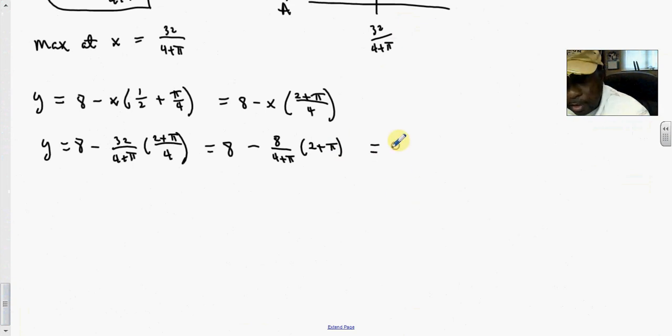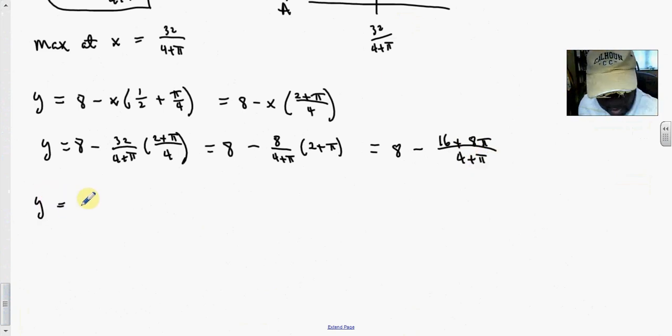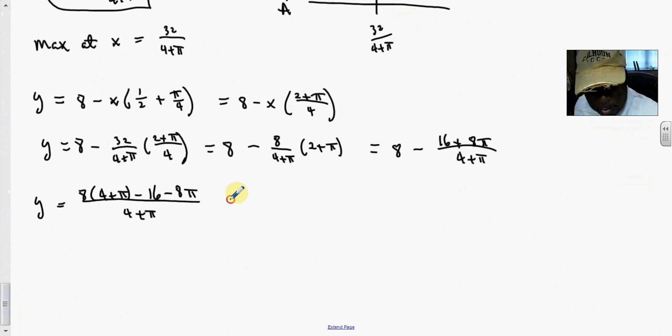So this is 8 minus 16, be careful with that negative sign, so plus 8 pi over 4 plus pi. And so y is 8 times 4 plus pi minus 16 minus 8 pi all over 4 plus pi.